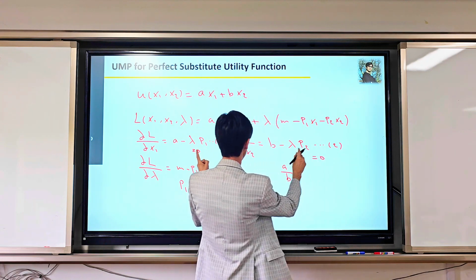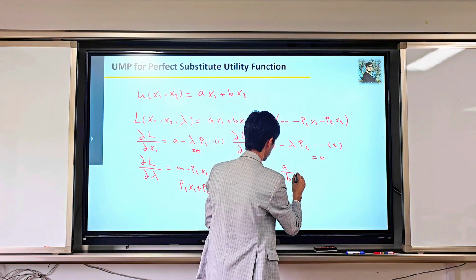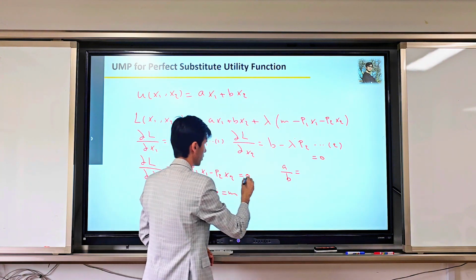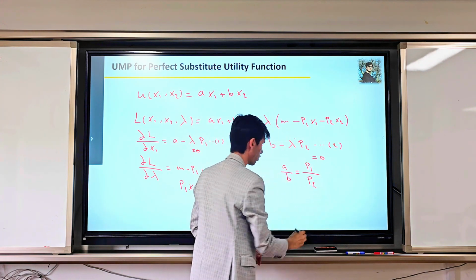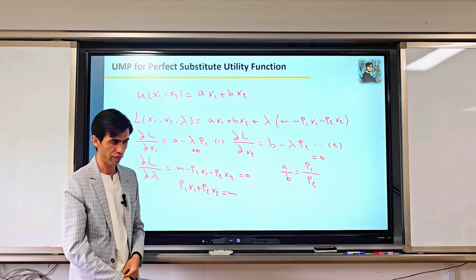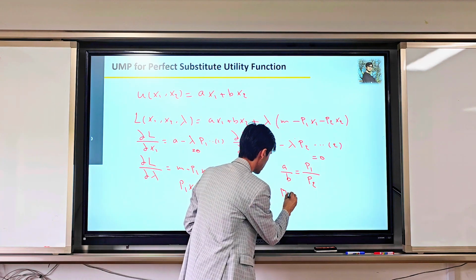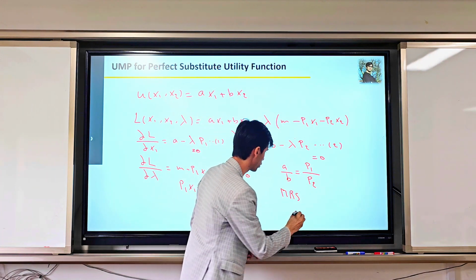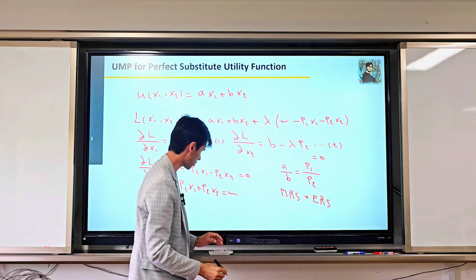And if we move lambda p1 and lambda p2 to the right side, then this lambda will cancel out with this lambda. We will have p1 over p2. So a over b is our marginal rate of substitution, and p1 over p2, as we know, is equal to the economic rate of substitution.